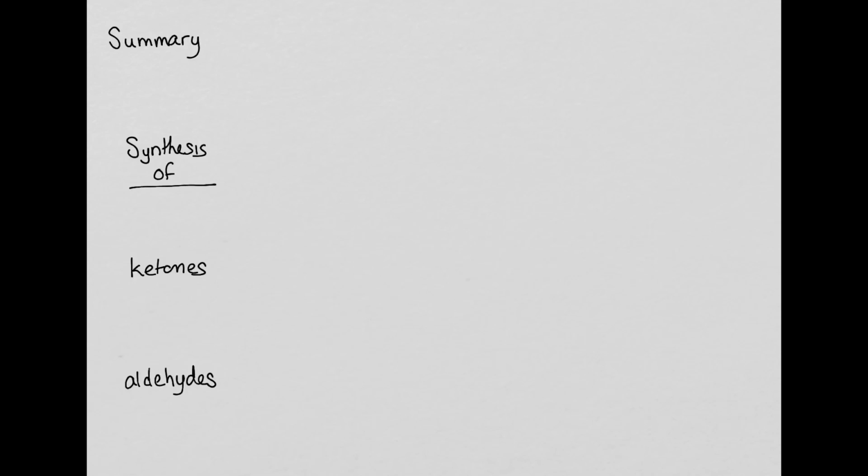Finally, let's summarize the different reducing reagents we've discussed. Ketones and aldehydes can be synthesized from carboxylic acids and their derivatives using the following reagents. Ketones can be synthesized from carboxylic acids using the organolithium reagent. There is no way to directly synthesize an aldehyde from a carboxylic acid.